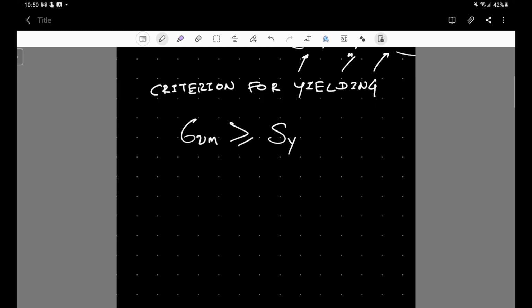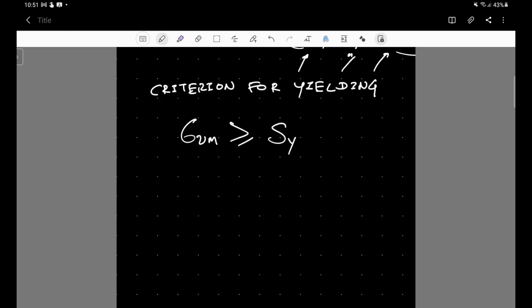So you will be using this, if you have not already done so, in the lab sessions, to check whether certain parts of a geometry or a model will fail or not. And based on your conclusion, you can refine the model. You can introduce new materials to certain sections and see whether the model can be improved to withstand certain boundary conditions.